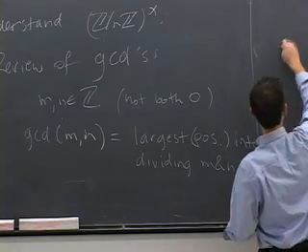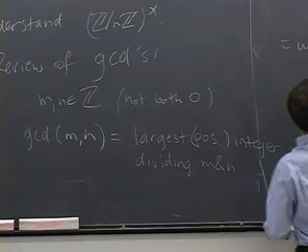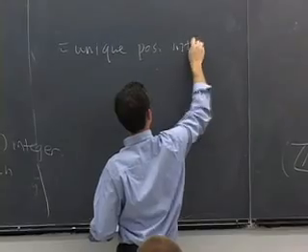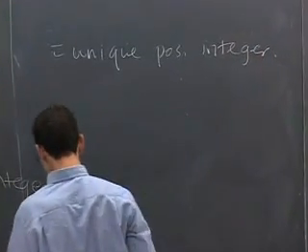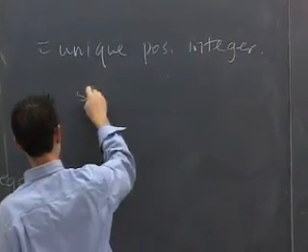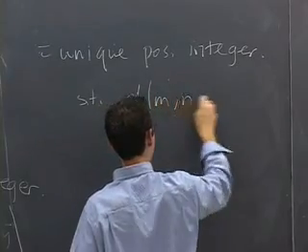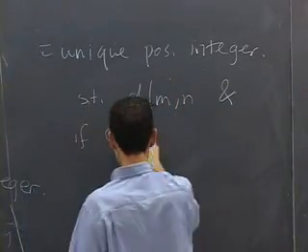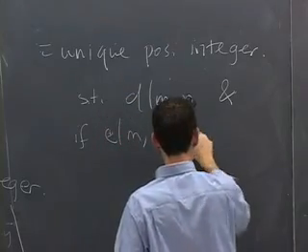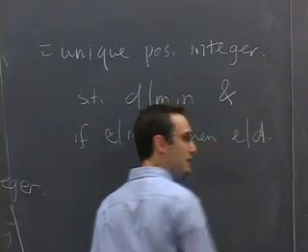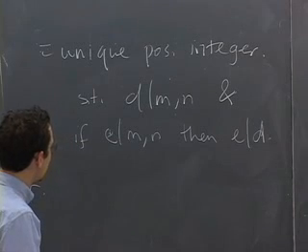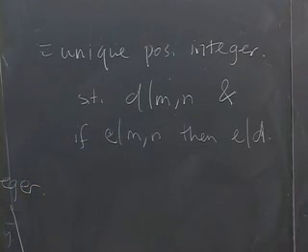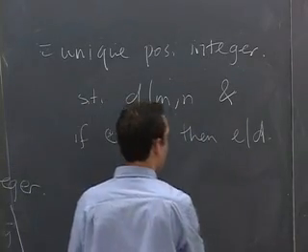So this is the unique positive integer D such that D divides m and n, and if E divides m and n, then E divides D. It's very easy to verify that this number has this property.